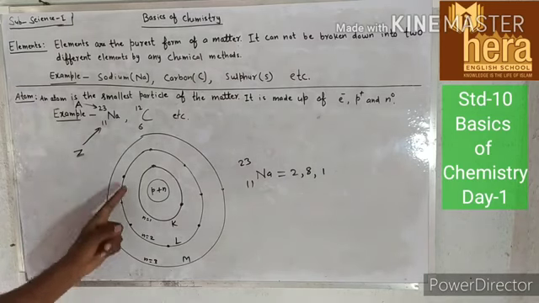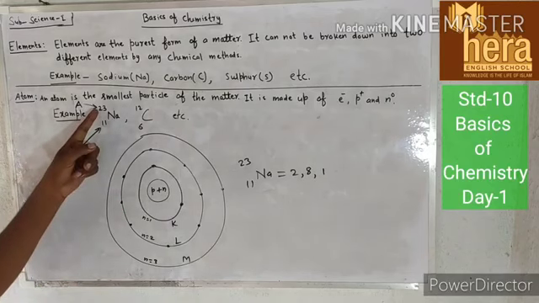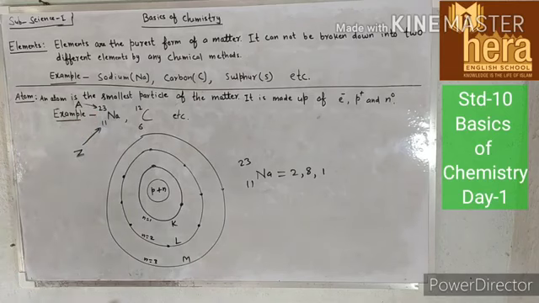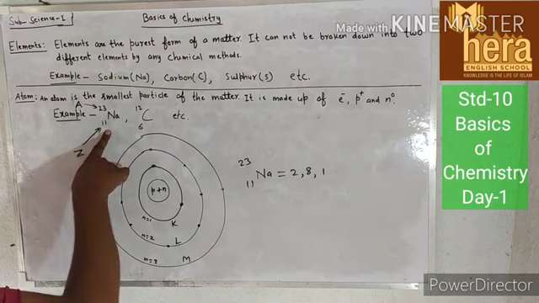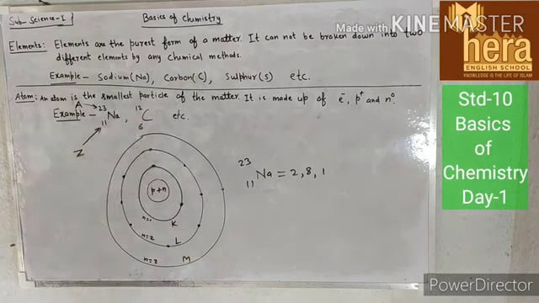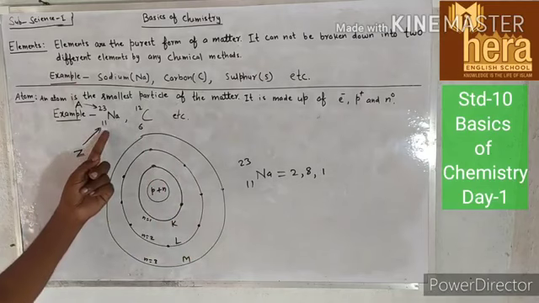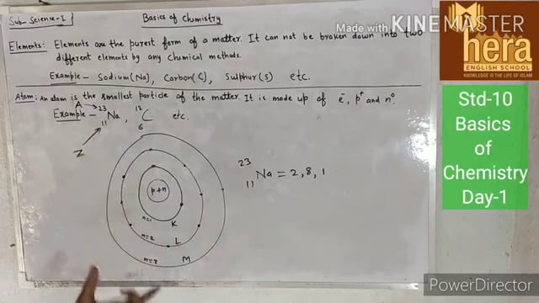One more thing I want to tell. This is the atomic mass number. I have told you atomic number means number of protons and number of electrons. Both are equal in case of isolated atoms.